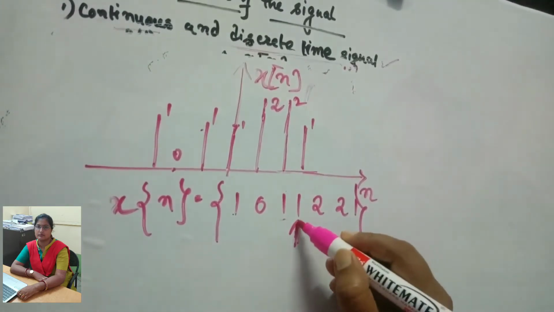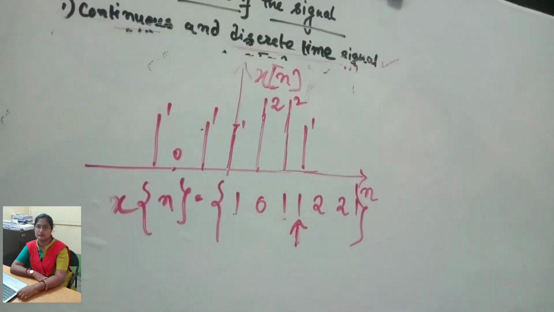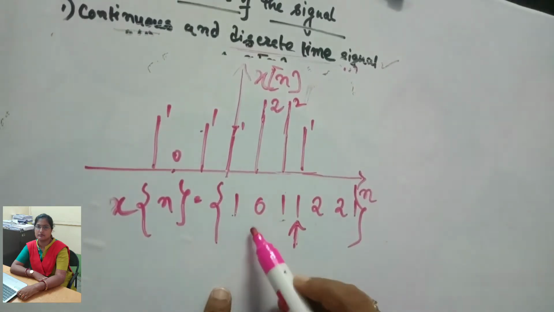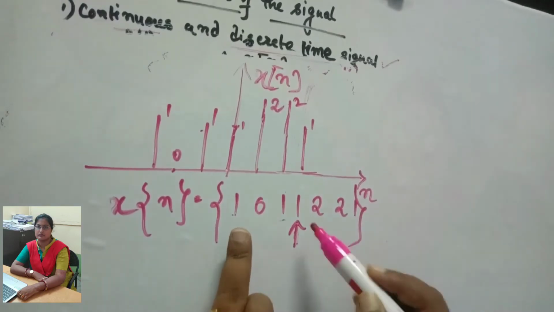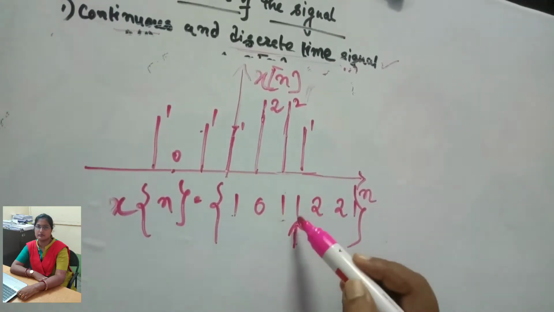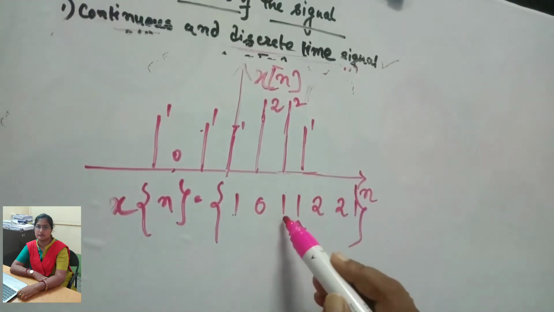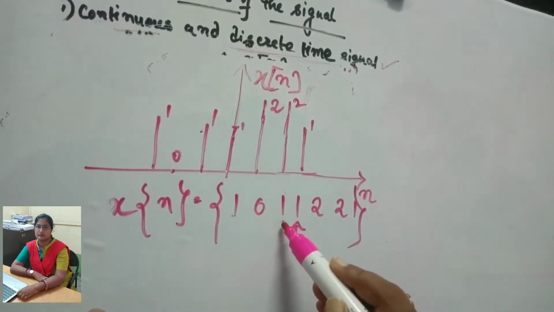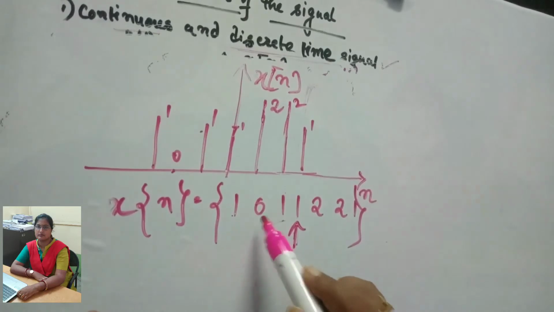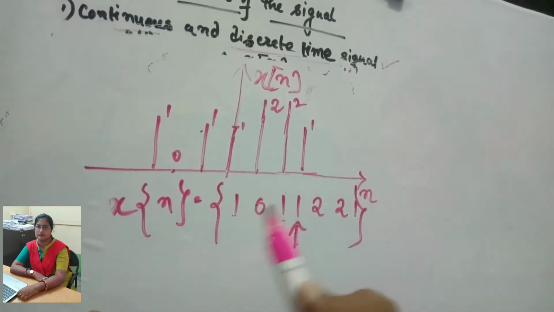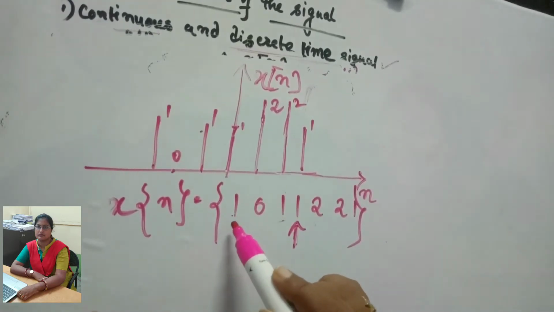If we put the arrow at this place, that means this first one is the 0 value. That means on the left side of this 0 value, it must be the minus 1 value, then minus 2, then minus 3.